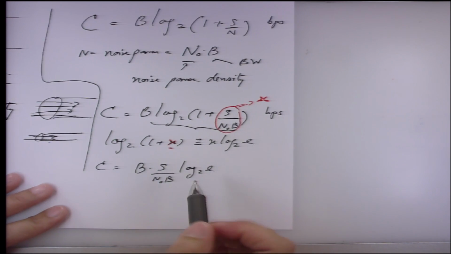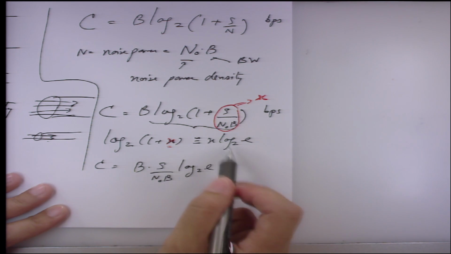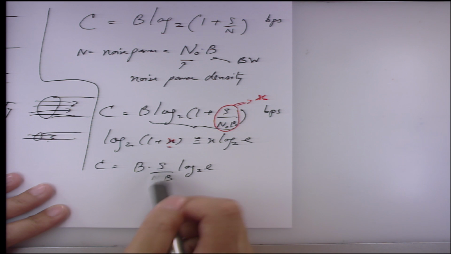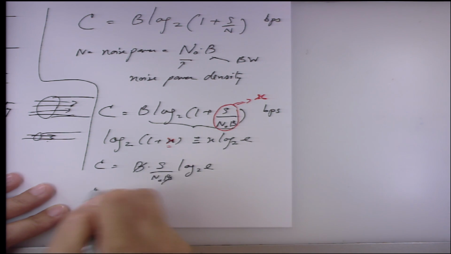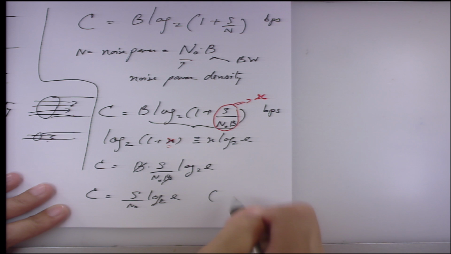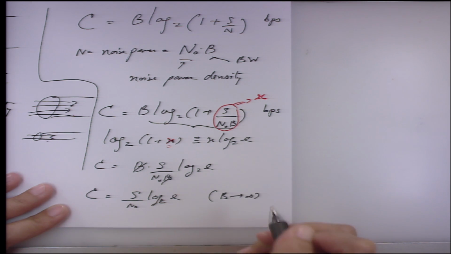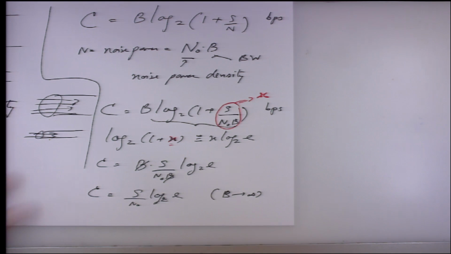Can you see? Because this is x, and this is x log base 2 of e. And then B cancels out. C equals S over N naught times log base 2 of e. This is when B goes to infinity, when B is increased and goes to infinity.